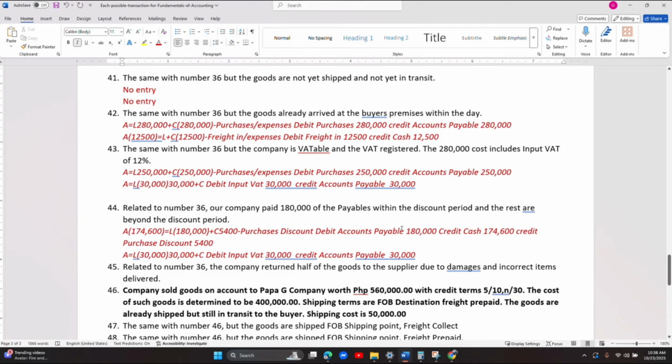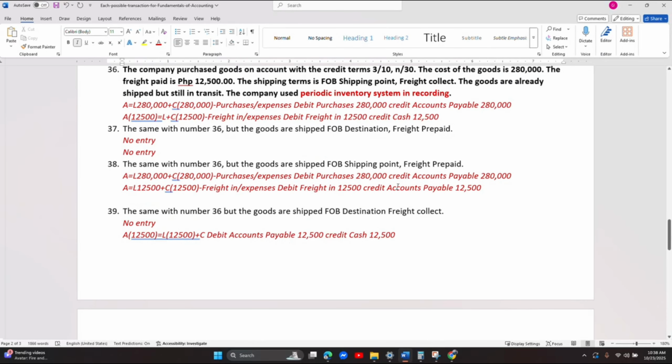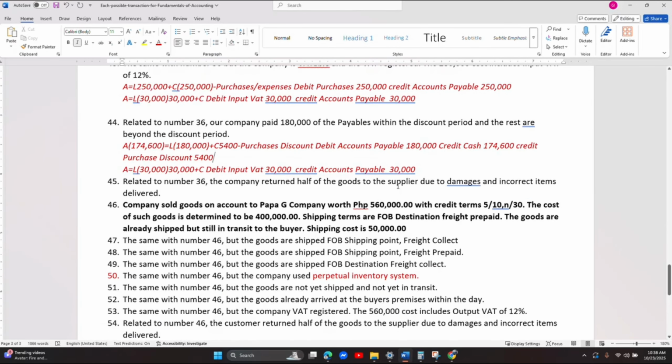How about those that were not? In number 36, the whole accounts payable is 280,000. The 12,500 is not a payable, because as the buyer, we are the ones who paid for it. We should pay because it's FOB shipping point, and we did pay because it's freight collect. So the only accounts payable that we are going to consider now after the 180,000 is the 100,000.